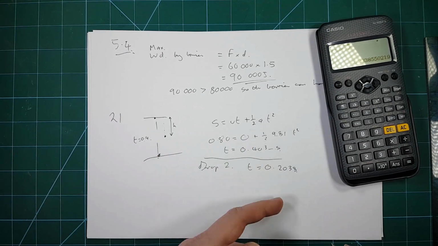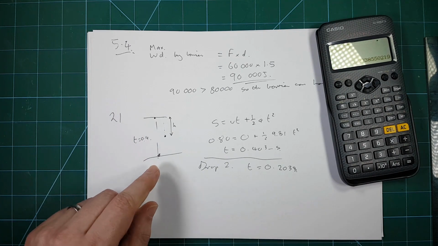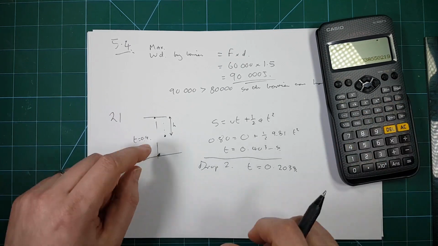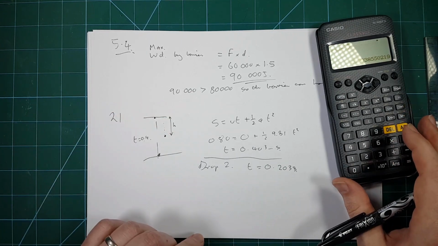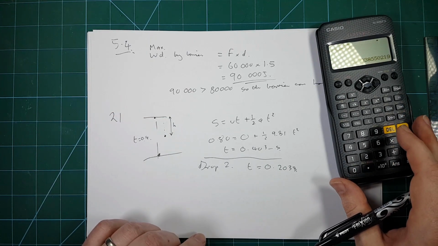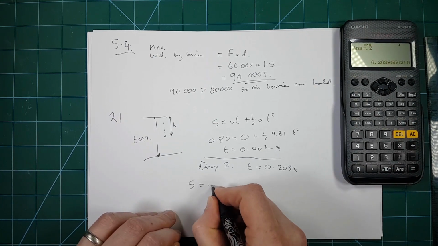It's half that, but don't fall into the trap that means it's gone half the distance. It hasn't, because it travels the second half on average faster than the first half of the time. So now we need to use S equals UT plus a half AT squared again.